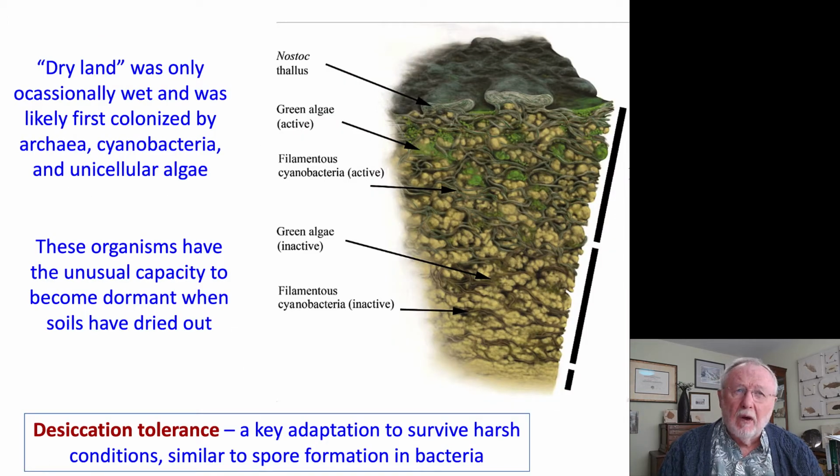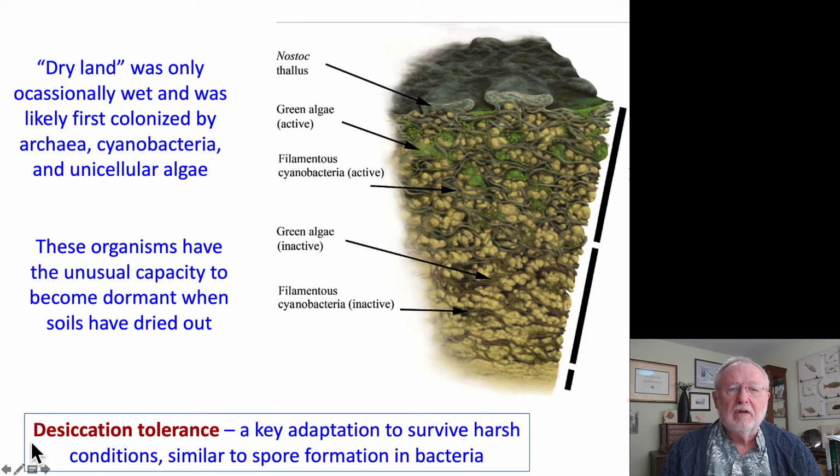Dry land was likely first colonized by Archaea, cyanobacteria, and unicellular algae. In fact, we can see that today where we begin to look at crust soils. One feature which is common in these Archaea, cyanobacteria, and unicellular algae is their capacity to be active and then to go dormant as they dehydrate.